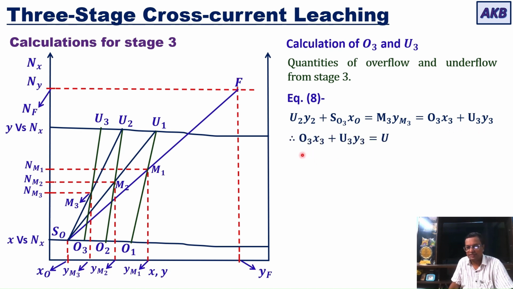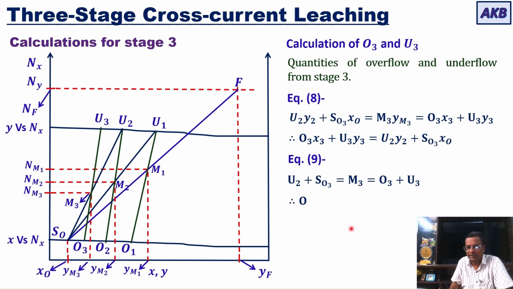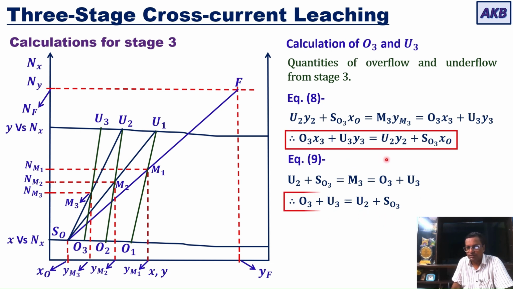I'll rearrange it: O3 into X3 plus U3 into Y3 is equal to U2 into Y2 plus S0 3 into X0. Then I have equation 9, which is U2 plus S0 3 is equal to M3, that is equal to O3 plus U3. I can write it as O3 plus U3 is equal to U2 plus S0 3.